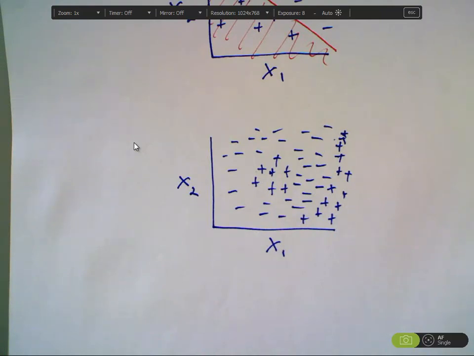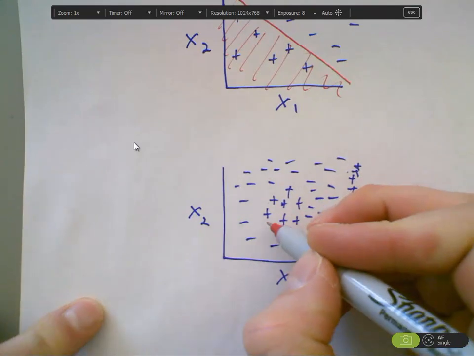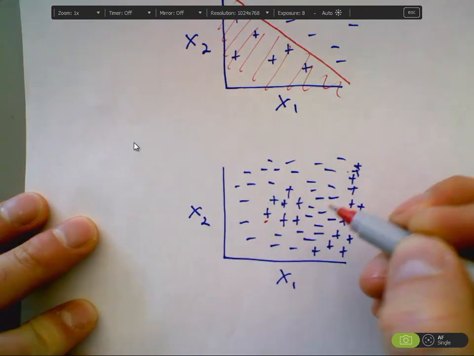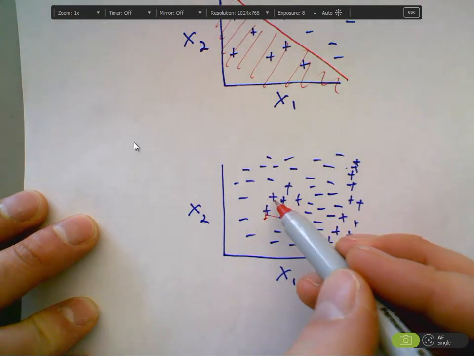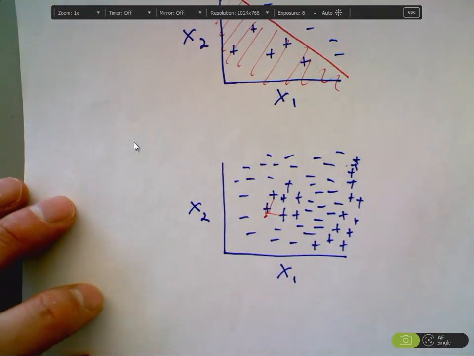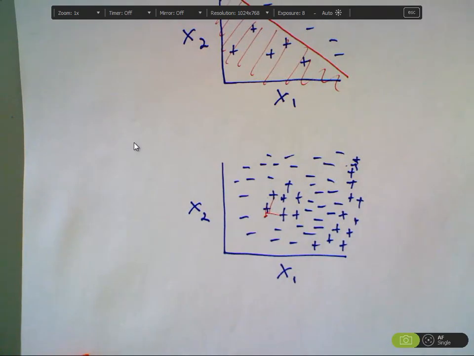Wherever the new instance comes in, if it comes in right here, well, pretty easy. Look, the closest thing there, closest thing there, closest thing there. Get my 3 closest. I'm a chair, dude, right there. It's clear.